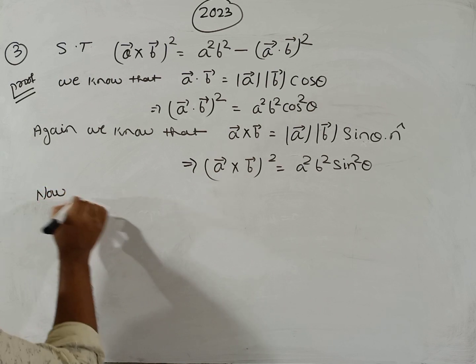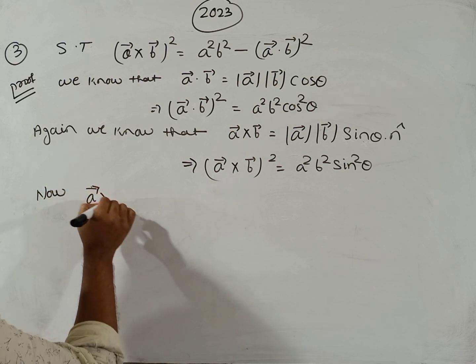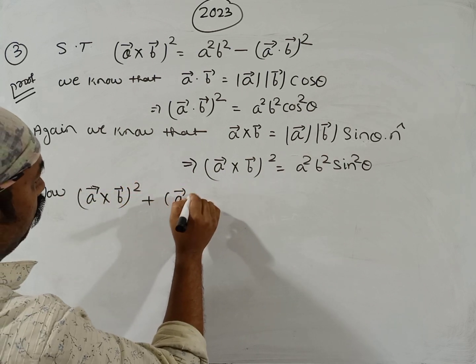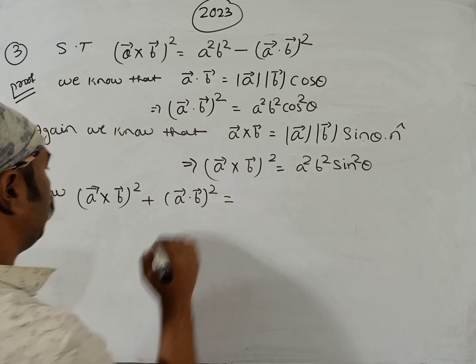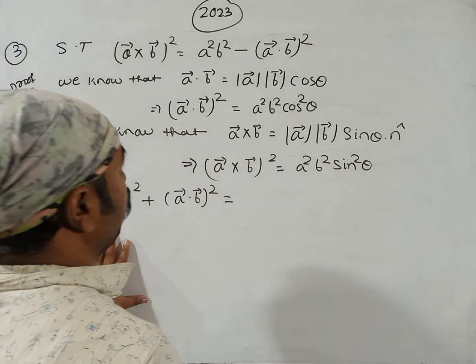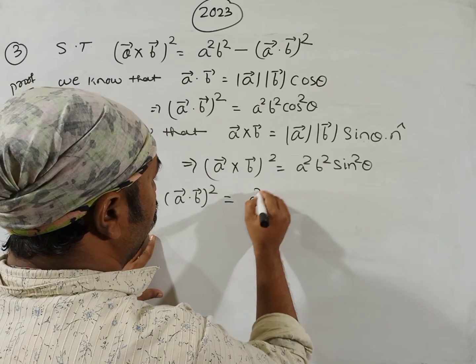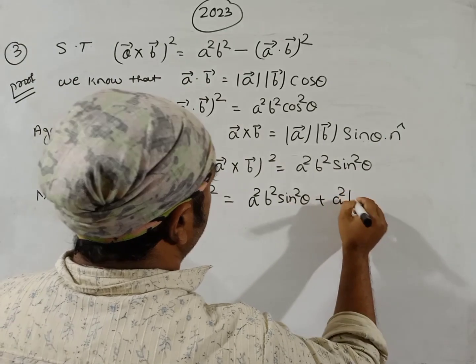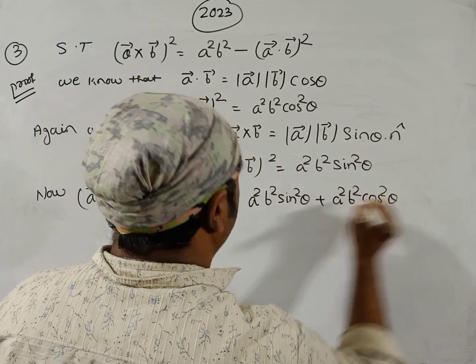Now putting these values here, we have a square b square sin square theta plus a square b square cos square theta.